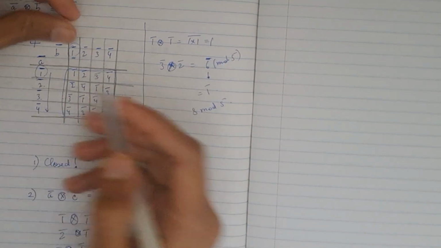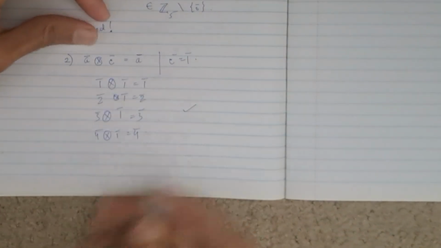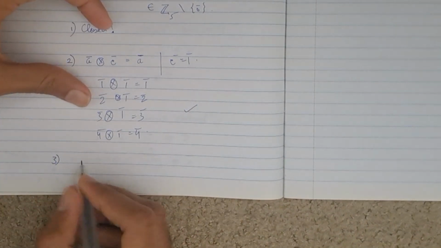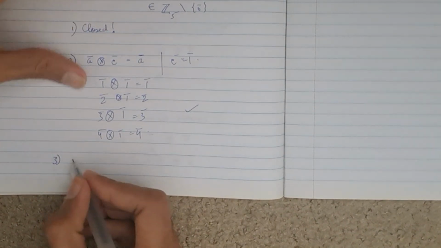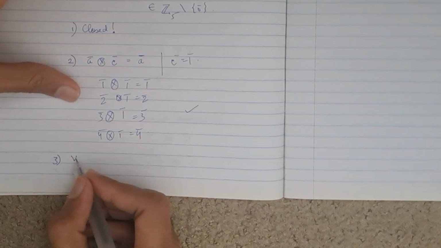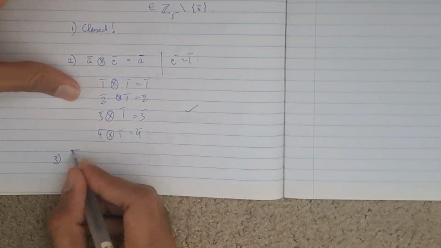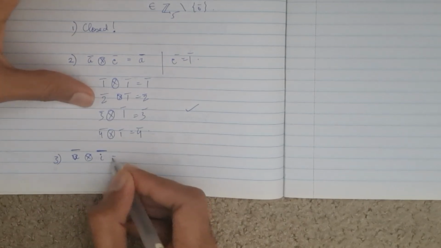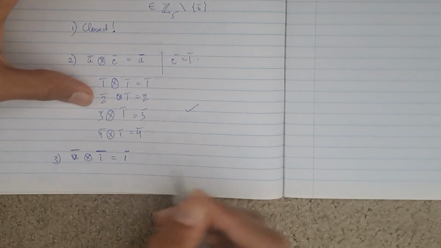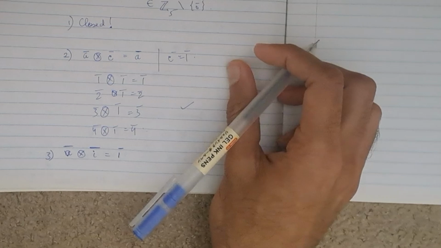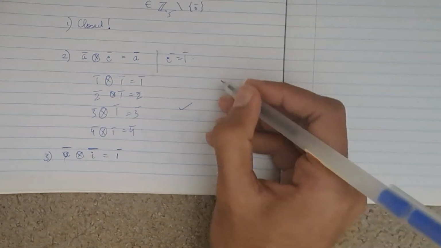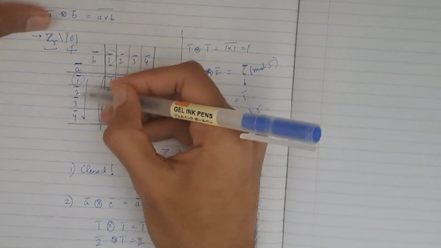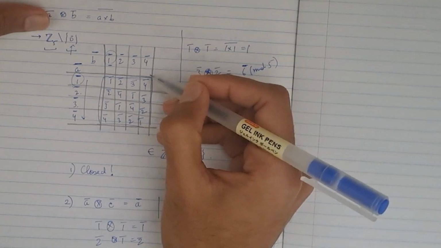The definition of an inverse, just for the sake of mention, is that you must be able to find an I such that this gives 1. Alright. So for each A that is 1, 2, 3, 4, there should be an element here that gives 1.